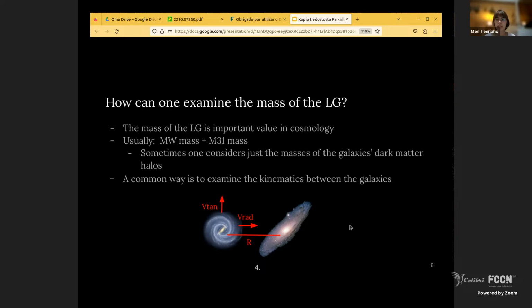The kinematics are related to the mass of those galaxies, but we can't directly measure the mass, of course, but we can measure the kinematics or make some observations of those. When I say kinematics, I mean the tangential velocity of the galaxies, the radial velocity between the galaxies, and also the distance between galaxies.